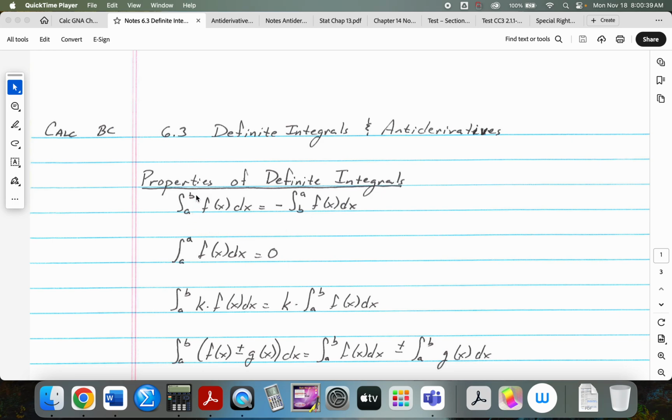So if a is less than b, when we switch that, we're going to get the opposite. So if f is non-negative between a and b, the integral from b to a is going to give you the opposite value.